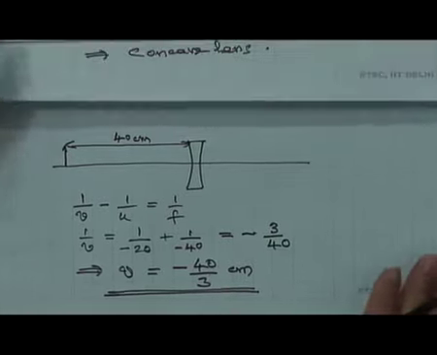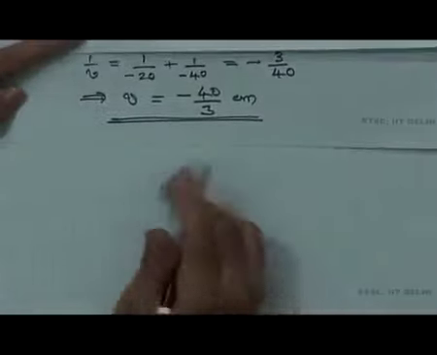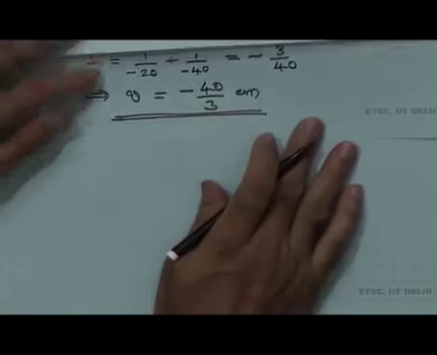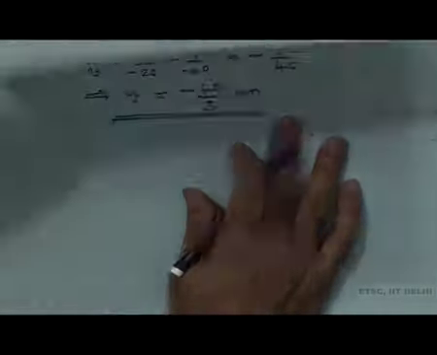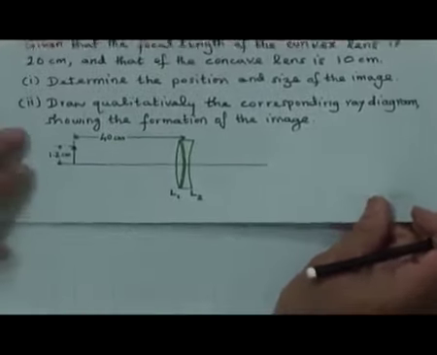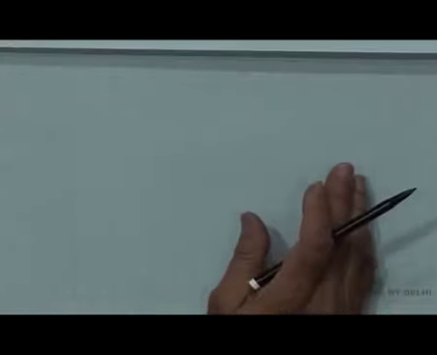Once we have v, we proceed further. v is minus 40 by 3, so we have got the position, and then we need to determine the size of the image.